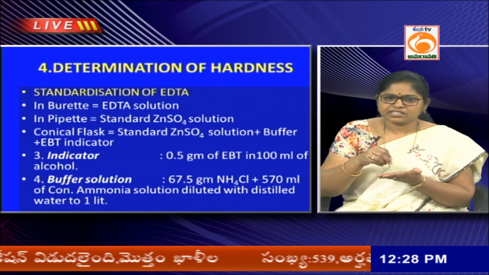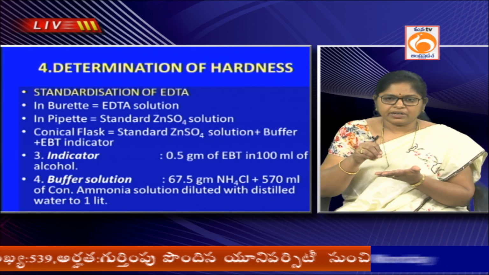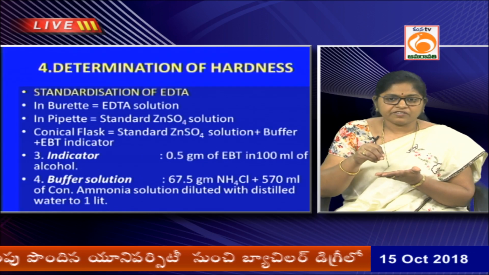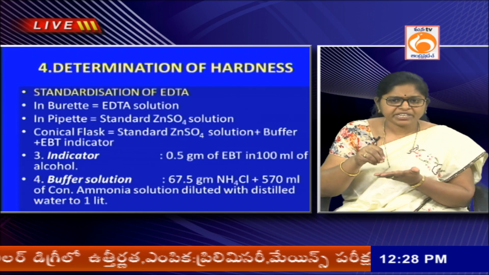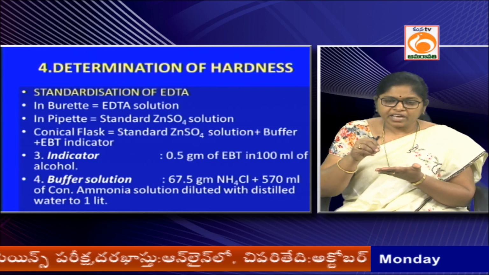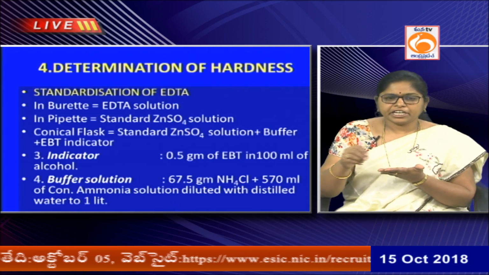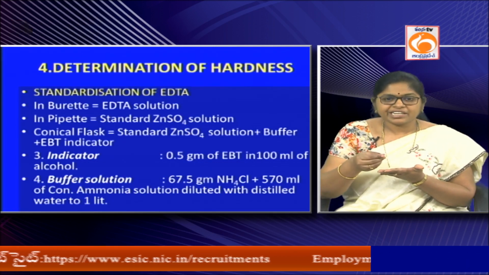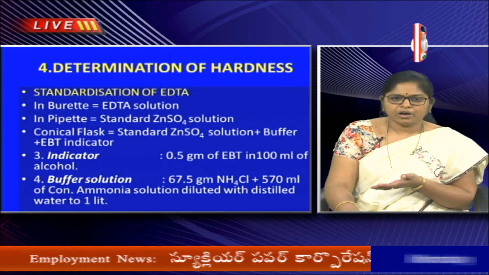The buffer is added to maintain the pH, because at pH 8 to 9 only the reaction is stable. Here the indicator is EBT, and the buffer solution is ammonium chloride and ammonia.